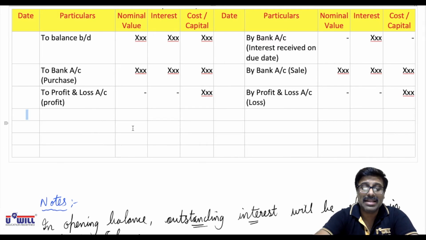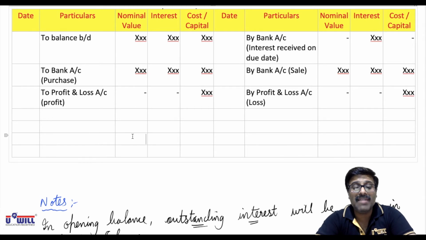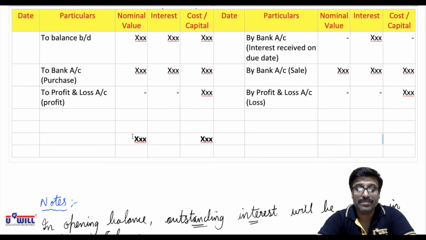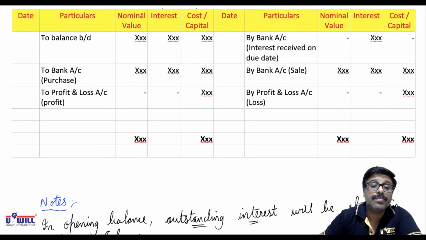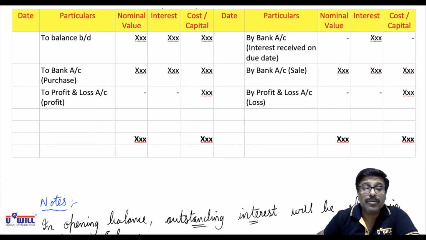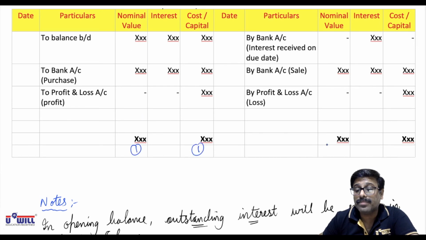First, you do the balancing of nominal value and cost column. I repeat, first you will be doing the balancing of the nominal value column.